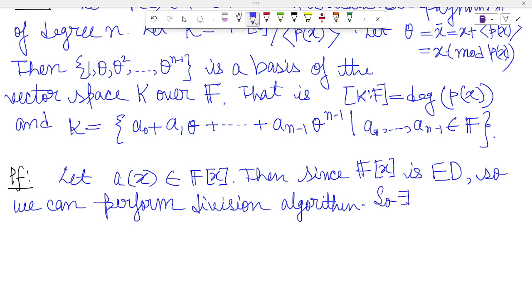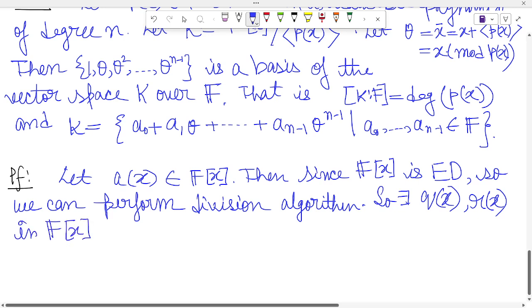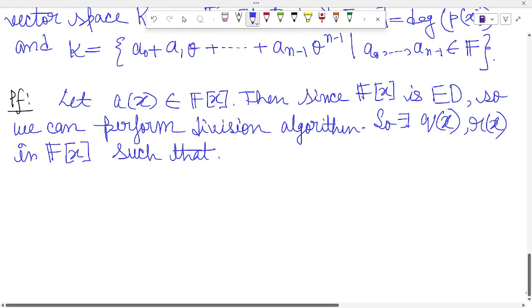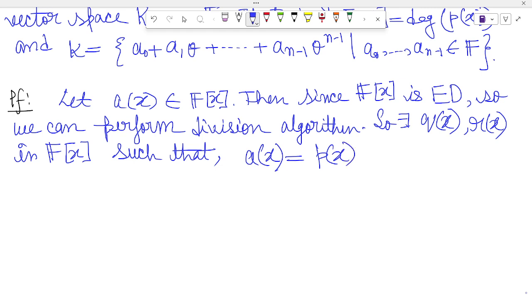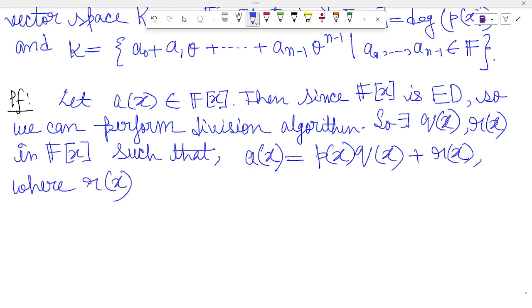So there exist obviously q(x) and r(x) in F[x] such that a(x) equals p(x) q(x) plus r(x), where r(x) is either 0 or its degree is less than the degree of p(x).